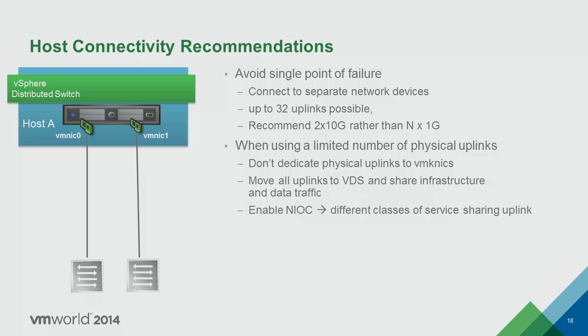You can set a share of the bandwidth for this particular traffic. And you can also set the QoS parameters that will be used on the physical infrastructure. So use NIOC to manage your different classes of services on your uplink. But don't use physical separation.